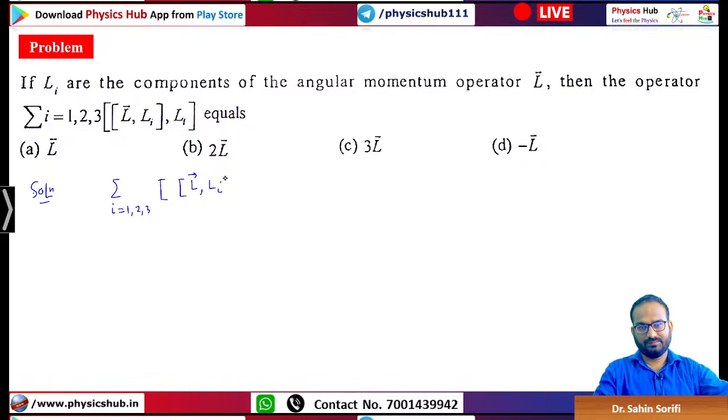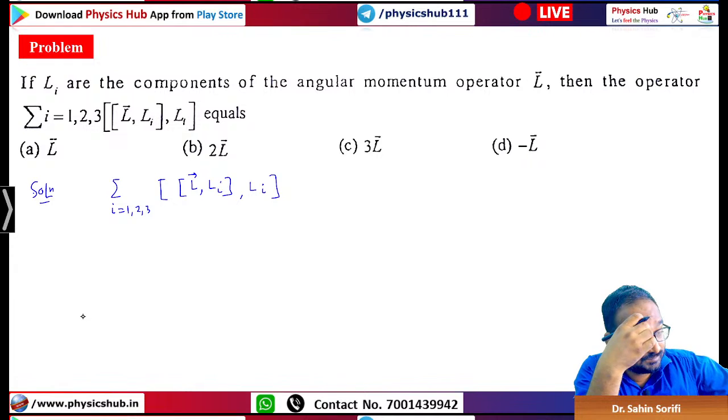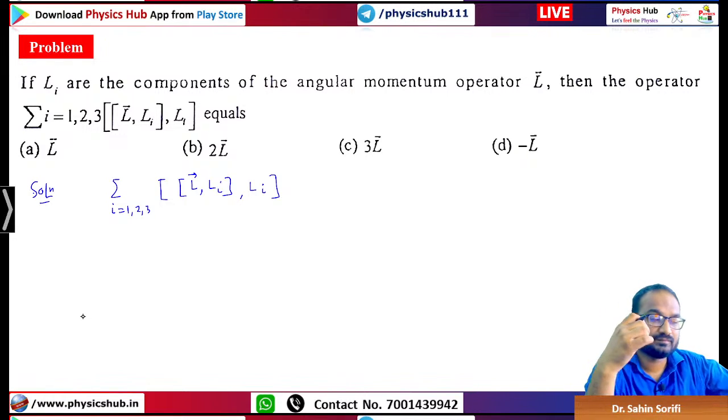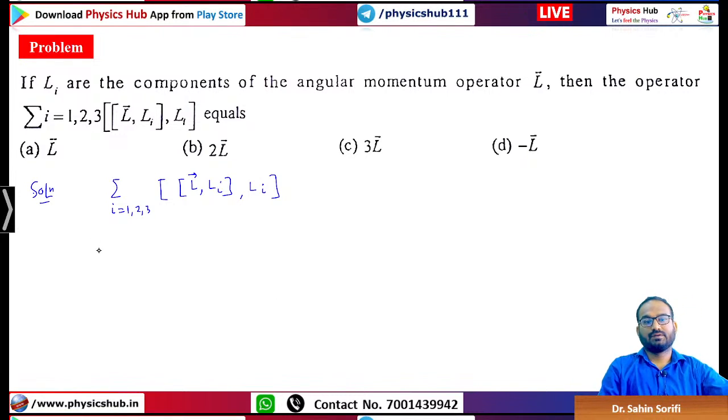Li is the component of L along i. So it is nothing but the sum of, you see, Lx, L1 if you put, so that is Lx now.